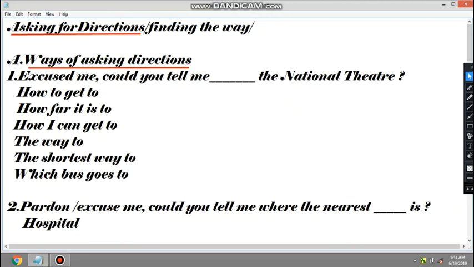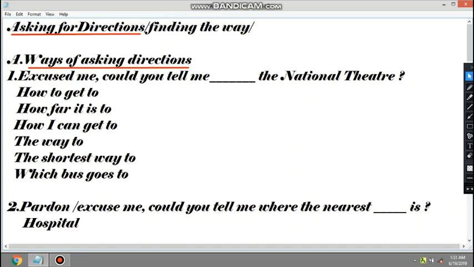Okay, first let's come to asking for directions. In our day-to-day life, we're moving from one place to another, and sometimes we don't know the other places.